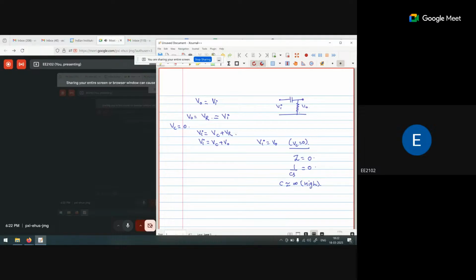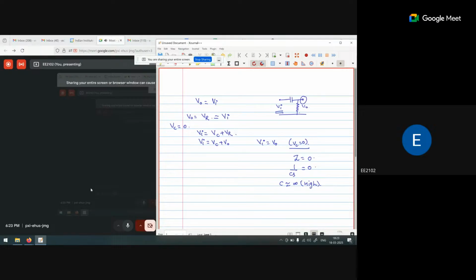That's why if the capacitance value is high, the impedance of the capacitor will be minimum, and the voltage drop across the capacitor is minimum. So the input that we apply at the input side, we get at the output of the capacitor point.